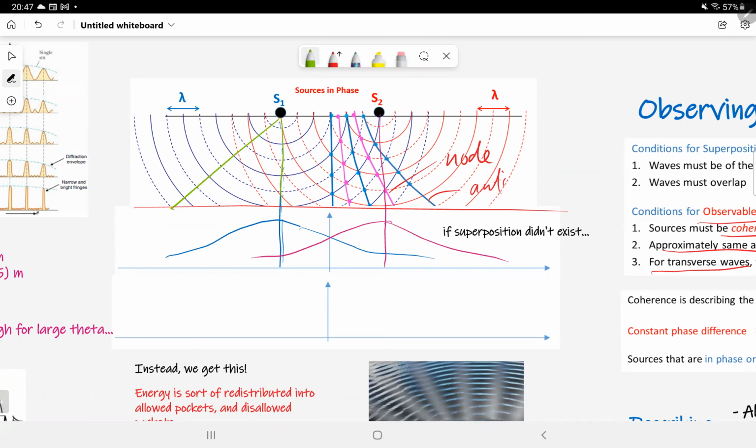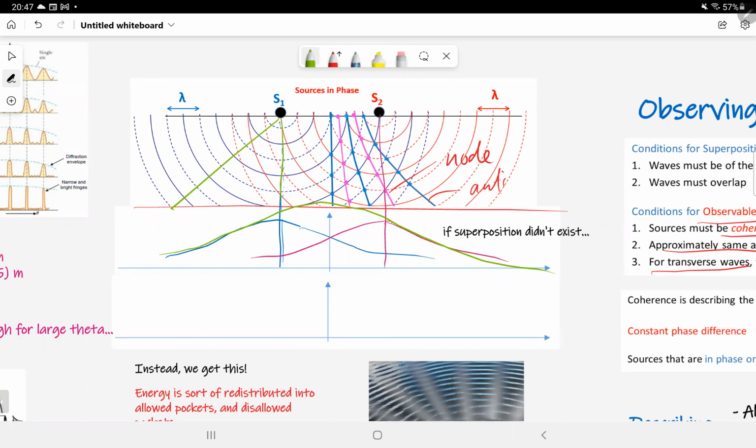So that's why the intensity varies. Since each of the pink and blue lines gives you the spread of energy of each source, if there's no superposition, you expect that the energy will just stack up, and be like this.